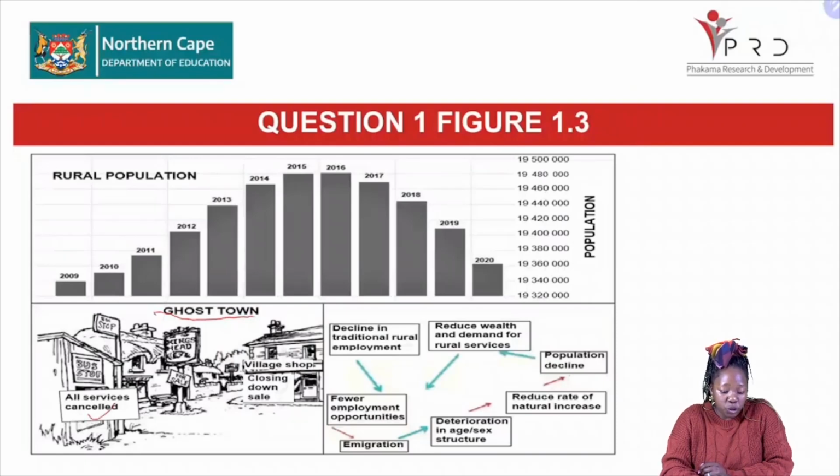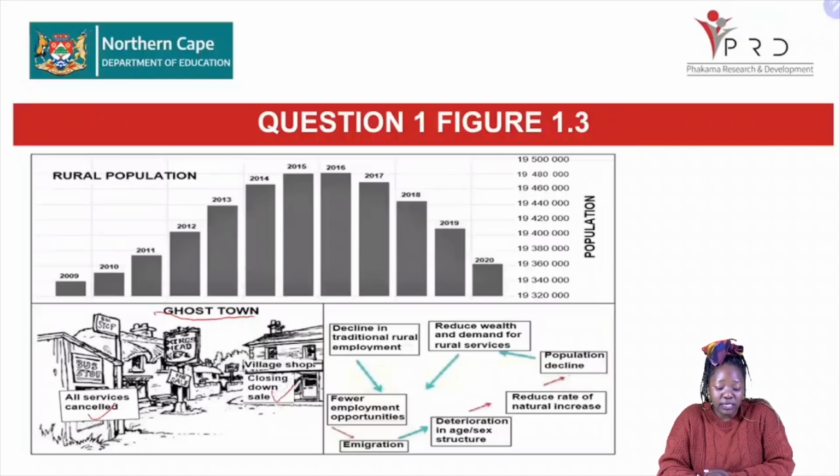A village shop close down sale. So these are the things the examiner is giving you so that you can be able to use them in the question. So hence it is important to go through the diagram, and then you go through the questions, and then again you come back to the diagram when you are aware what are the questions.